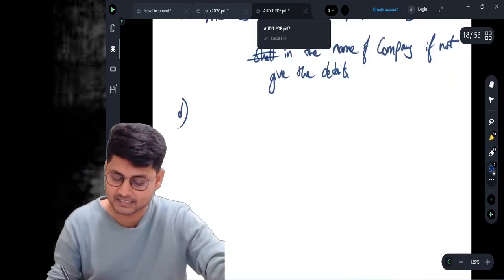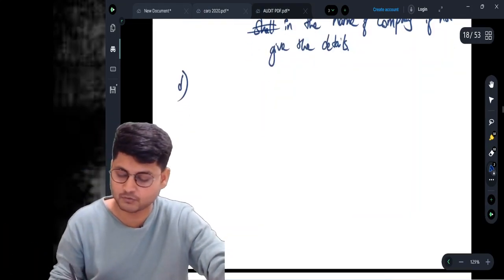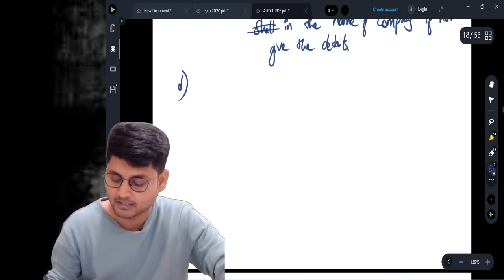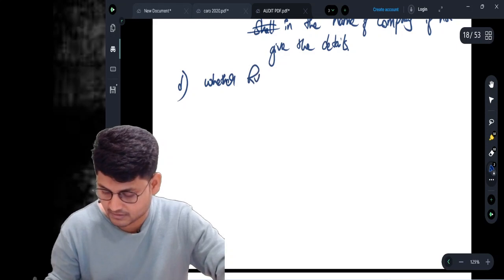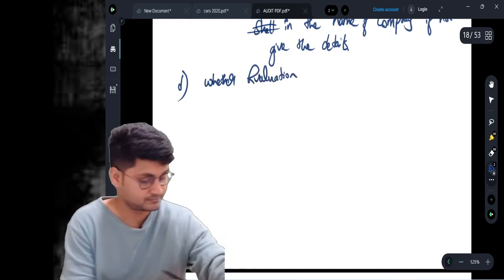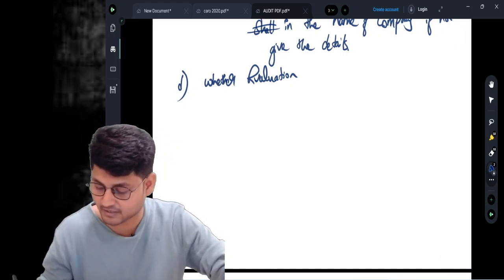Okay, let me write clause number D also in detail. So what does clause number D say? Whether revaluation has taken place or not.